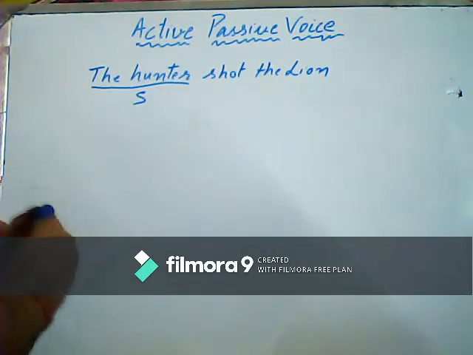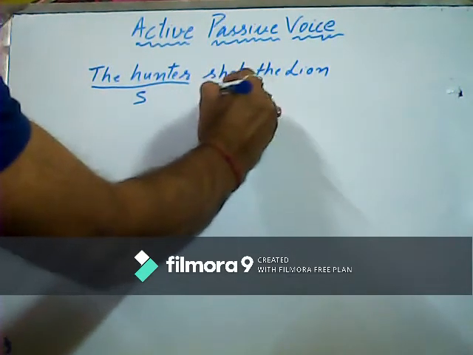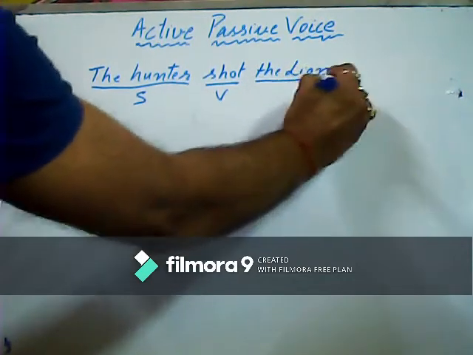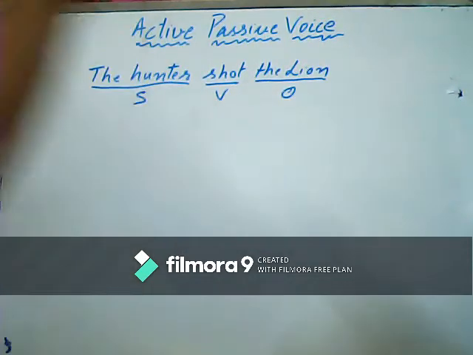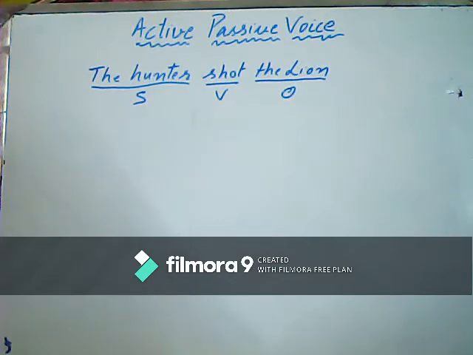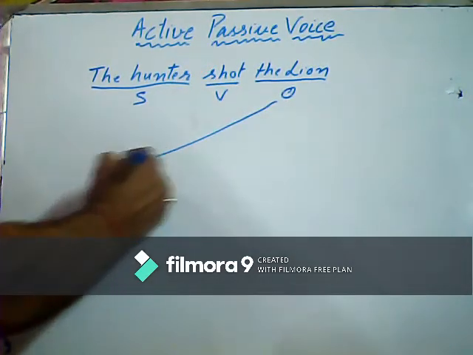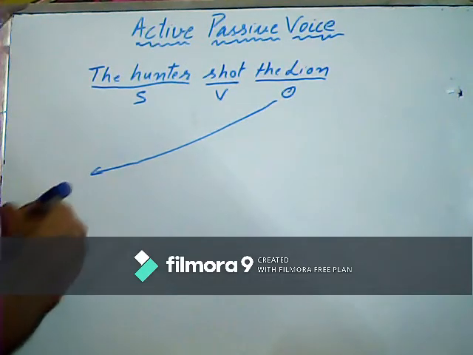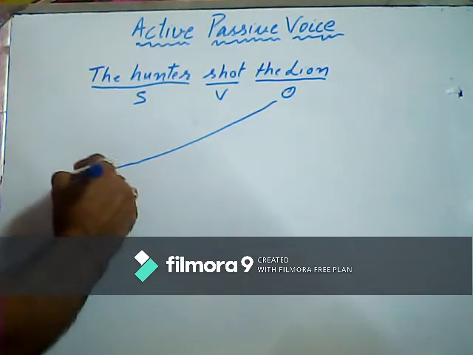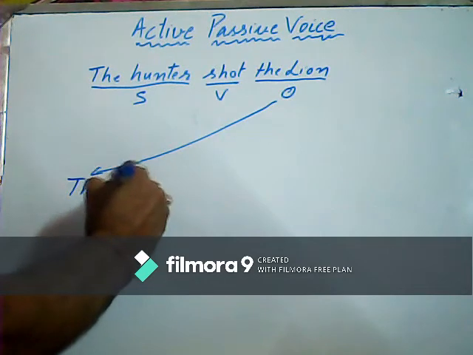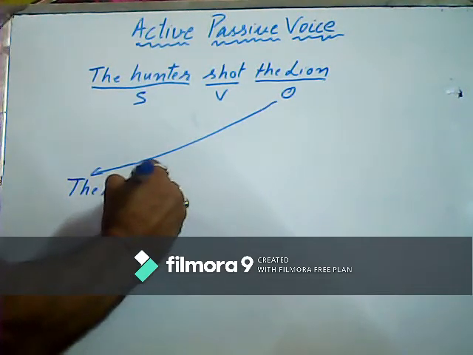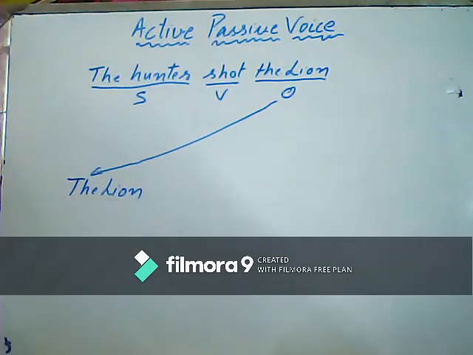Hunter is the subject, shot is the verb, and the lion is the object. To change into passive voice, it's very simple. We will make that object the subject: the lion. Now the object is the subject, the lion.